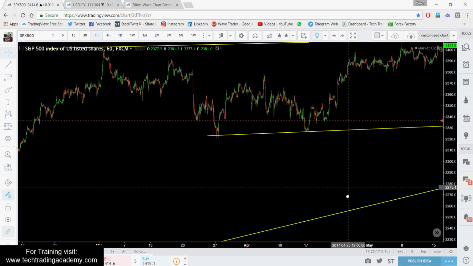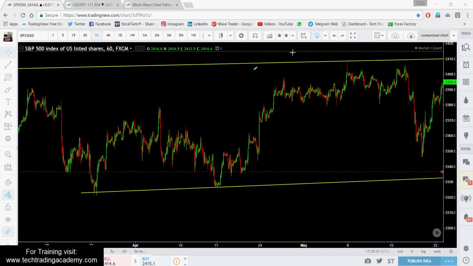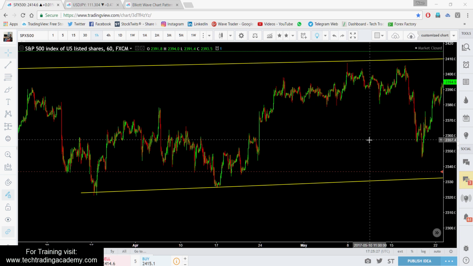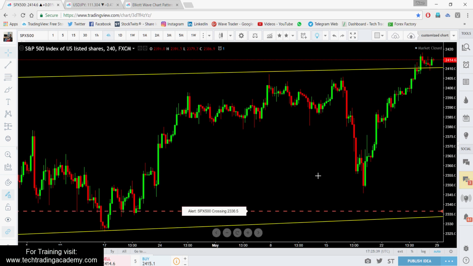Okay, so when it was coming up to this area, we were looking for this trade. When it was forming this top, if you fellows remember that, we were looking for this trade. And again, when it was coming down to this bottom, we were looking for buy. So don't look for sell. Always look for buy when it comes to the bottom or forms a pullback.